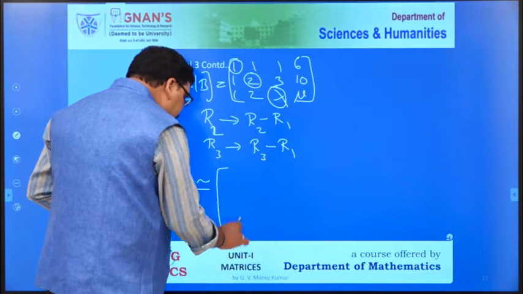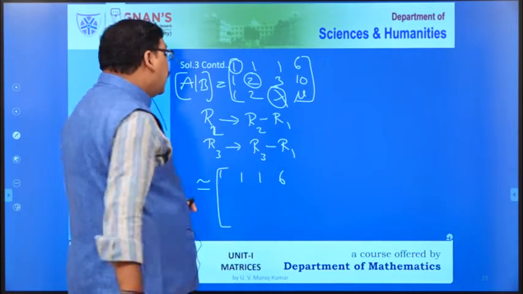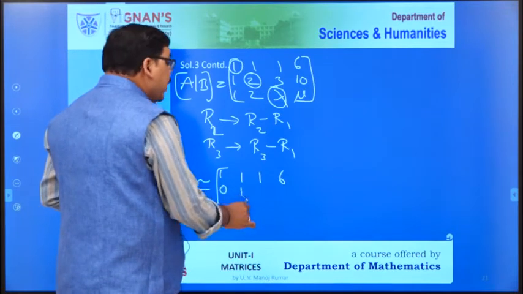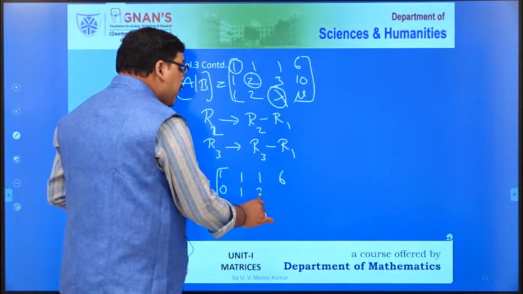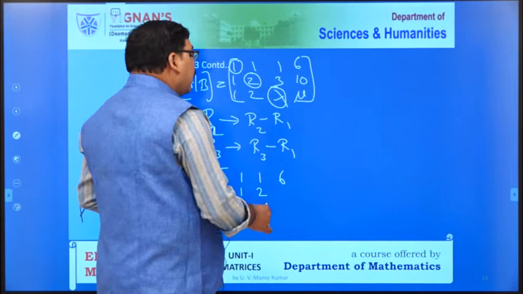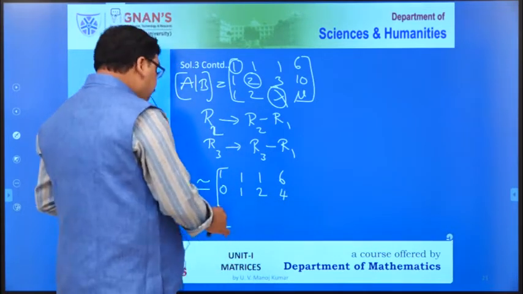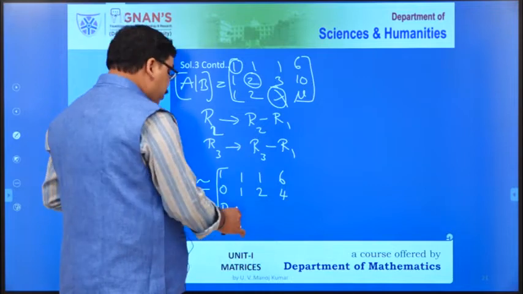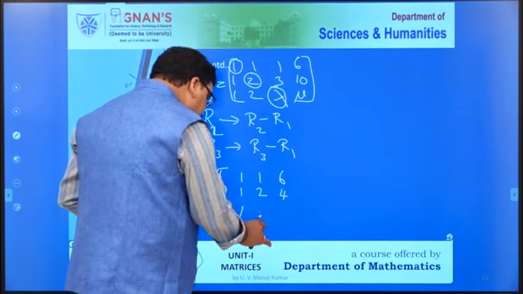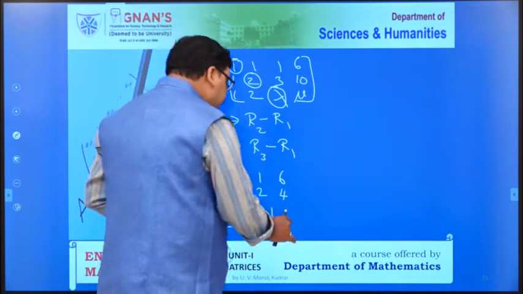That reduces the matrix into: first row no change; second row R2 minus R1: 1 minus 1 is 0, 2 minus 1 is 1, 3 minus 1 is 2, 10 minus 6 is 4; third row R3 minus R1: 1 minus 1 is 0, 2 minus 1 is 1, lambda minus 1 (write as it is), mu minus 6.